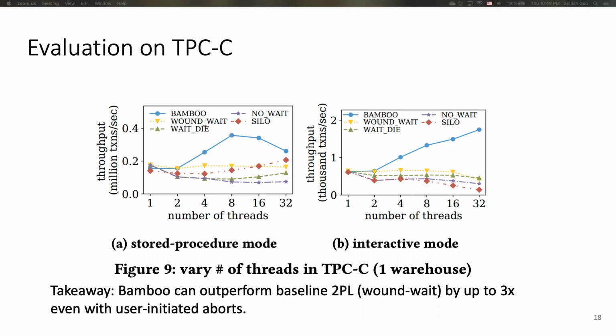And note that in this workload, 1% of the new order transactions are chosen at random to simulate user-initiated aborts. And as shown in the result, even with user-initiated aborts, Bamboo can obtain up to 2x improvement against Wound-Wait in both stored procedure mode and interactive mode, and it outperforms other 2PL variants and OCC protocols.